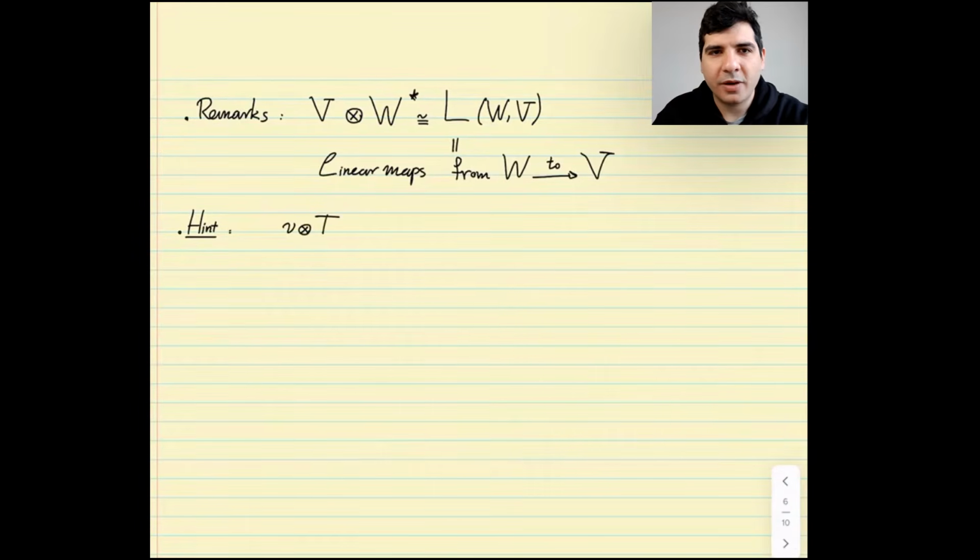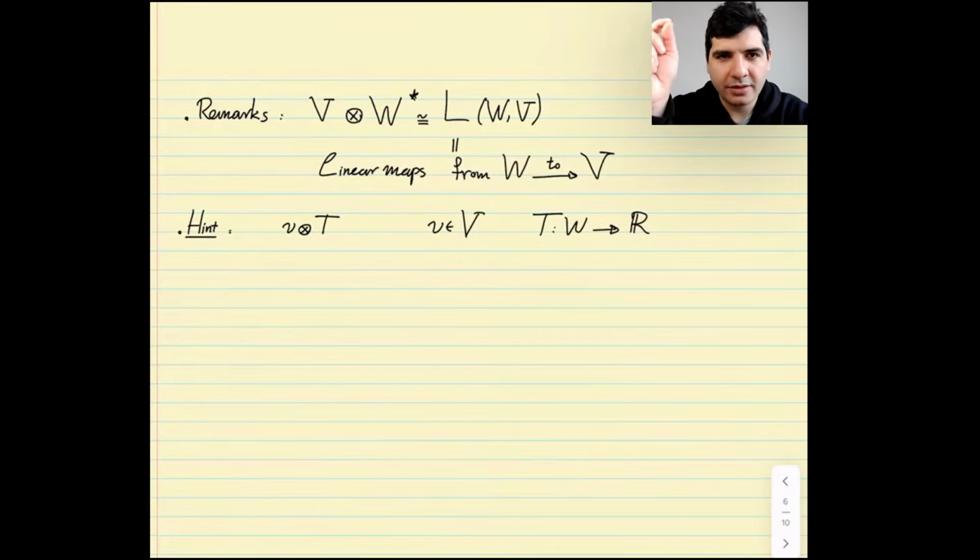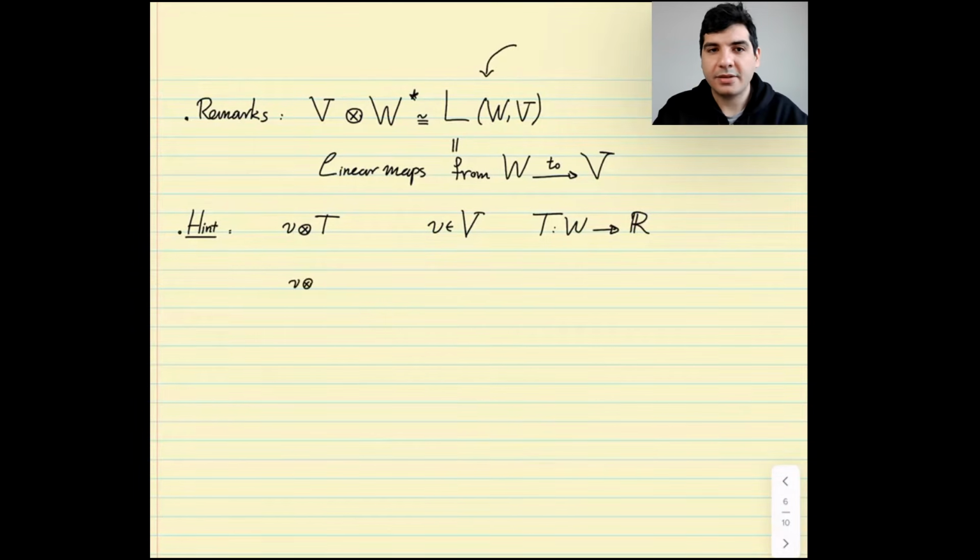Pick an element from V tensor W star. So in general, it's not of the form V tensor T, but let's consider a simple case where we have V, a vector from V, and T, a vector from W star, which means it's a linear map from W to R. Consider their tensor, V tensor T. I want to say it uniquely identifies an element in L(W,V).